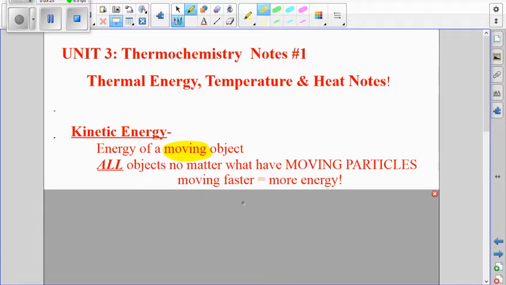But even though a solid, like your desk, isn't going anywhere, the little particles inside of the desk are doing this. Watch my fist, see how it's sort of shaking? It's not going anywhere, but it is moving. That's exactly what all the atoms of your desk are doing in a solid. They're not really going anywhere, but they are moving all the time.